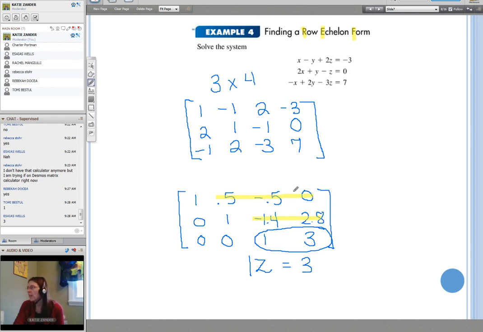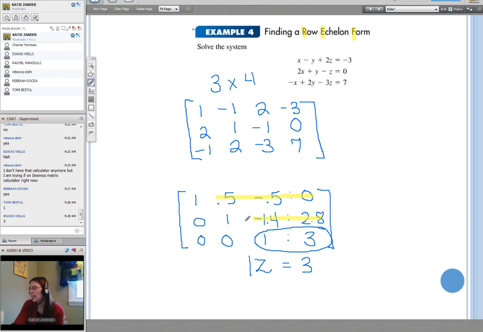Sometimes you'll see augmented matrices have little dots after those leading coefficients to kind of separate what the leading coefficient is and what the answer is. So sometimes you'll see little dots appearing after that third coefficient for each variable there, just to kind of separate the two pieces of the augmented matrix.